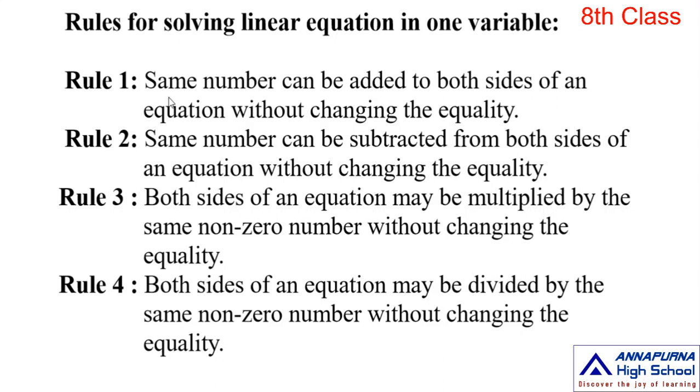That means you can add some quantity to both sides, or subtract some quantity from both sides, or multiply both sides by some quantity, or divide both sides by some quantity, and the equality relation will not change. Do you understand? These are the rules we follow in balancing the equation.